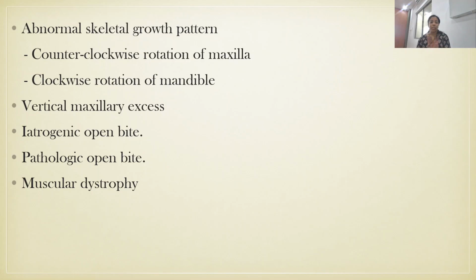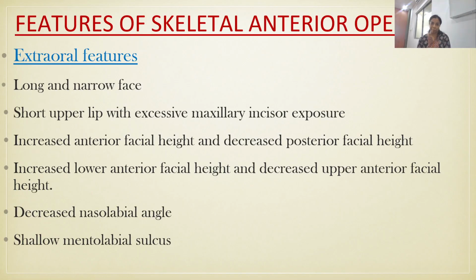In case of vertical maxillary excess, open bite can also occur, but it is not that common. An iatrogenic open bite can develop as a result of any intervention, or as part of any other treatment modality. And pathological open bite, muscular dystrophy, these are certain factors which can lead to the open bite.